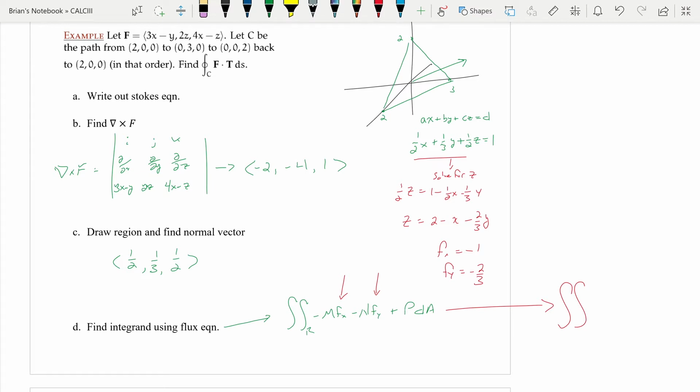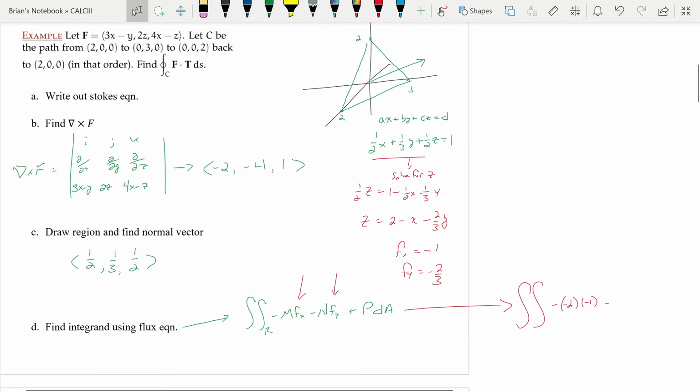So we solve for that, so we'll get -m, so it'd be -2 times f of x, which is -1, minus n, which is -4, times f of y, which is -2/3. And then we've got plus our p, which is 1, dA. Got the region. And if we solve all that out, we'll get -11/3 on the outside of the region dA.